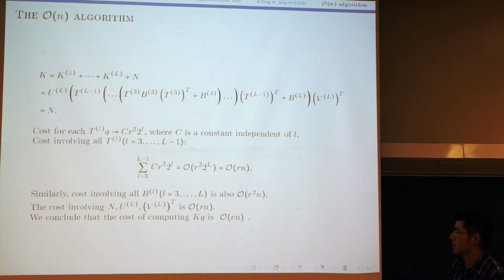So the matrix vector product for these matrices is linear. Then we see that the total cost for computing the matrix vector product of K is linear.